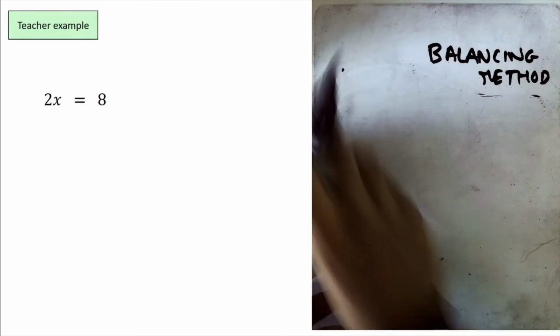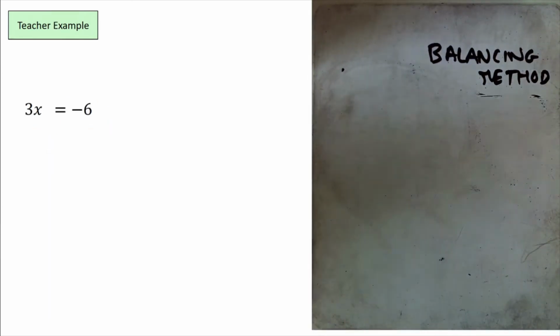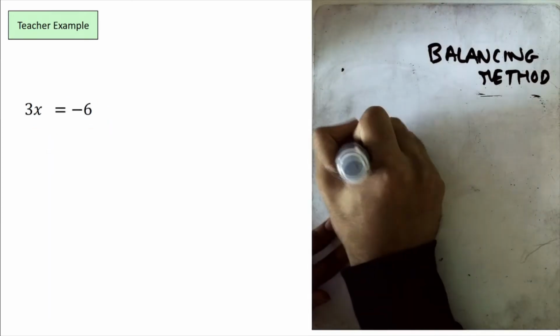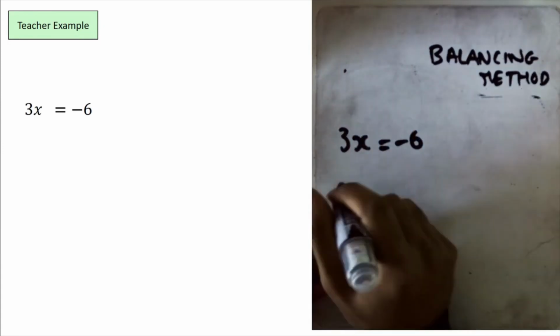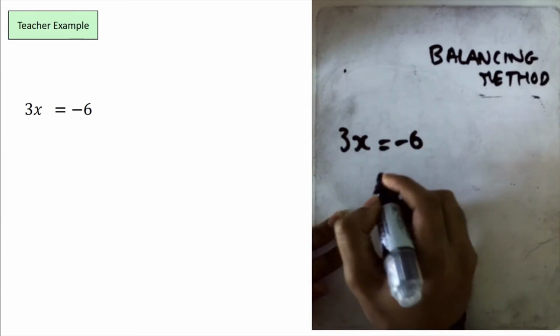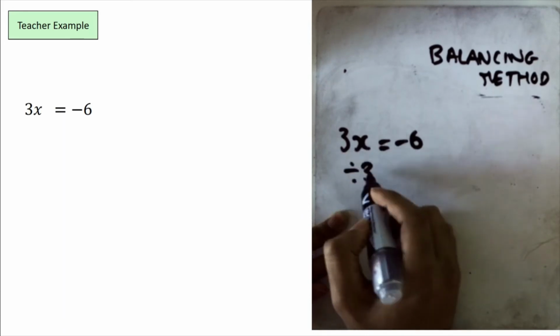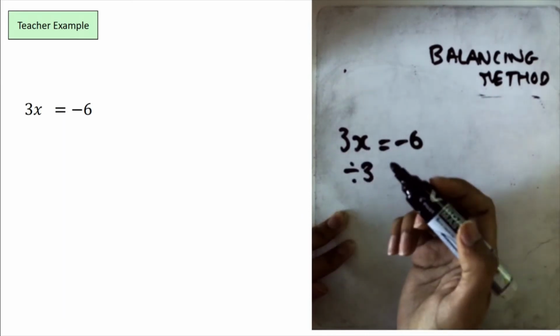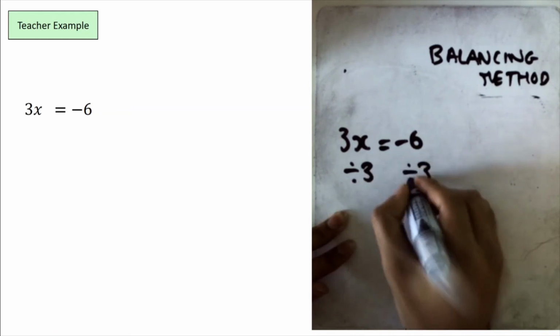One last example, guys, and I think this one will have some negatives involved for you guys. Yes, we have 3x is equal to negative 6. If you have 3x is equal to negative 6, remember this is 3 times x. What is the opposite of timesing? Dividing. And what are we dividing by? 3, because 3 lots of x, we want just 1 lot of x, so let's divide by 3. Do that on one side, you have to do it on the other.